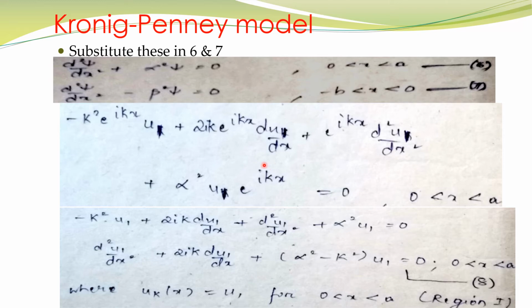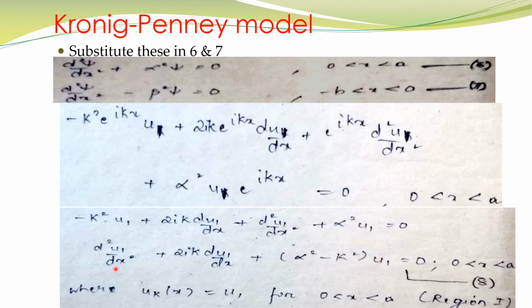Dividing this equation throughout by e raised to ikx, all e raised to ikx terms will go. Then taking u1 common in these two terms, we can write alpha square minus k square into u1.